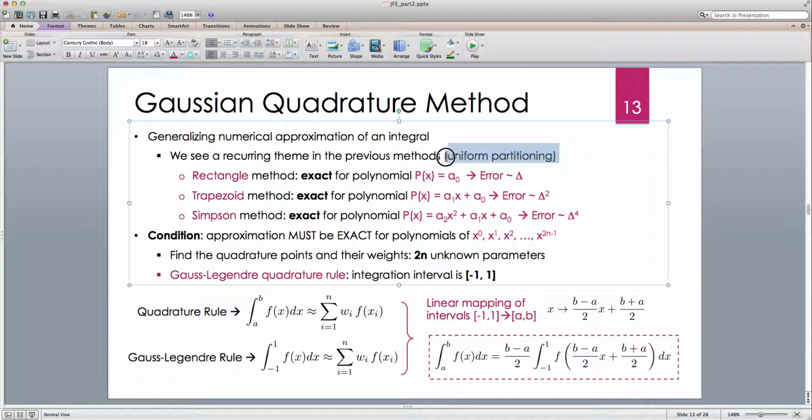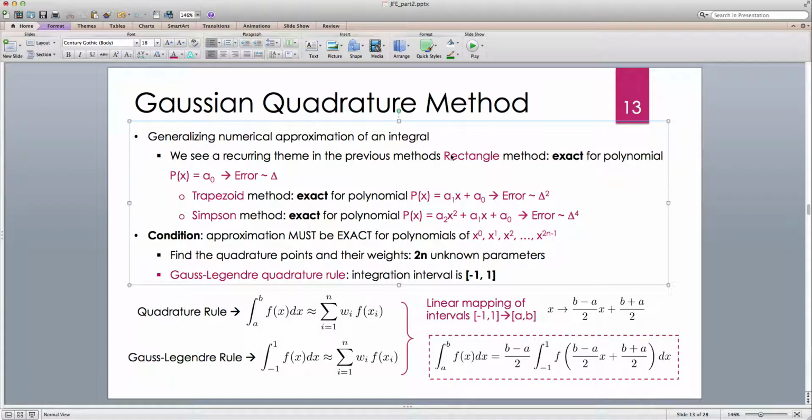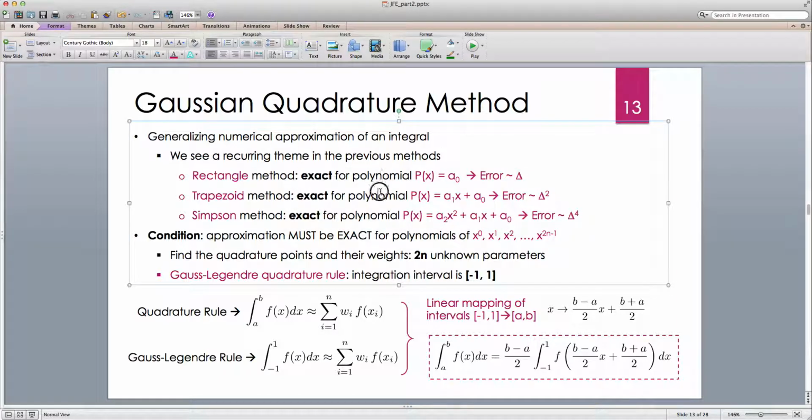And then we saw that, okay, I don't need to actually use uniform partitioning for these ideas, rectangle, trapezoid, Simpson, right? Because regardless of how the partitions are made, I can do this kind of interpolation in each subinterval. Now what we are going to say is, let's forget about uniform partitioning.